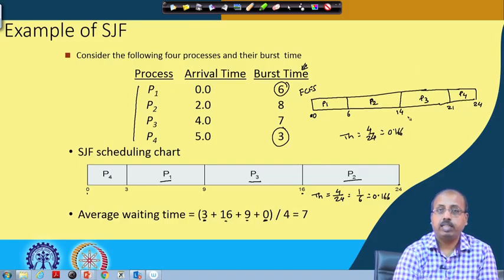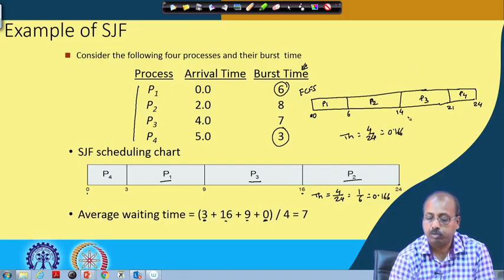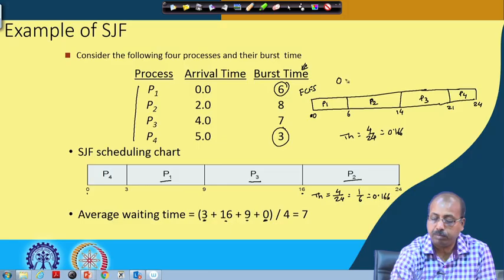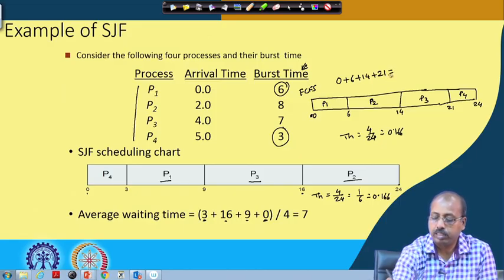However, if you try to see what the average waiting time is, for P1 the waiting time is 0, for P2 the waiting time is 6, for P3 the waiting time is 14, and for P4 the waiting time is 21. So, 6 plus 14 plus 21, that is 41. So, this is the total waiting time.